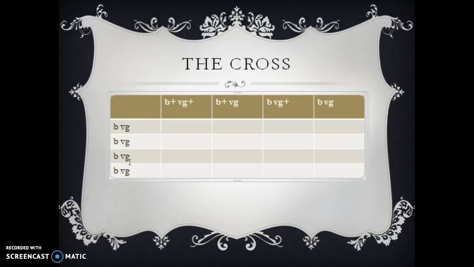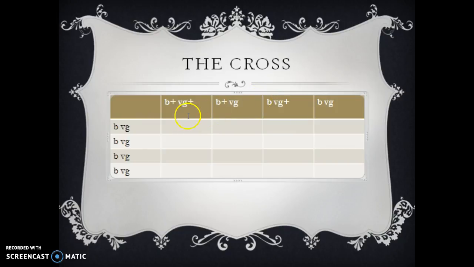So what we would expect is 50% of the offspring to be B plus B, VG plus VG, and the other 50% to be B B, VG VG. We wouldn't expect any to have the B plus B, VG VG genotype, and we would expect none to be little b b, VG plus VG, because those two gametes shouldn't exist if we have linkage going on.